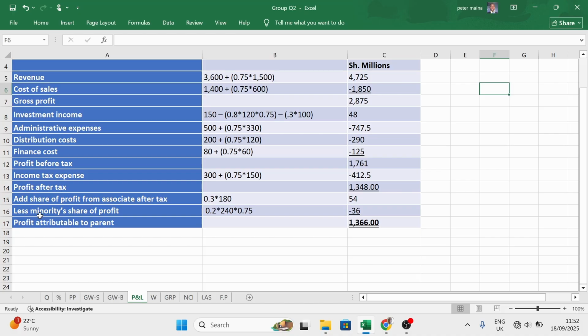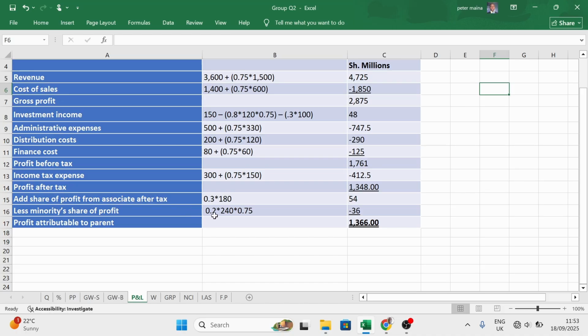Then we deduct the minorities' share of profit. The parent has taken everything from the subsidiary. Even though the parent holds 80% of the subsidiary, here the parent has taken 100% of those incomes and expenses. So we are supposed to deduct the share that belongs to the minority. If the parent holds 80%, the minority's share is 20%.